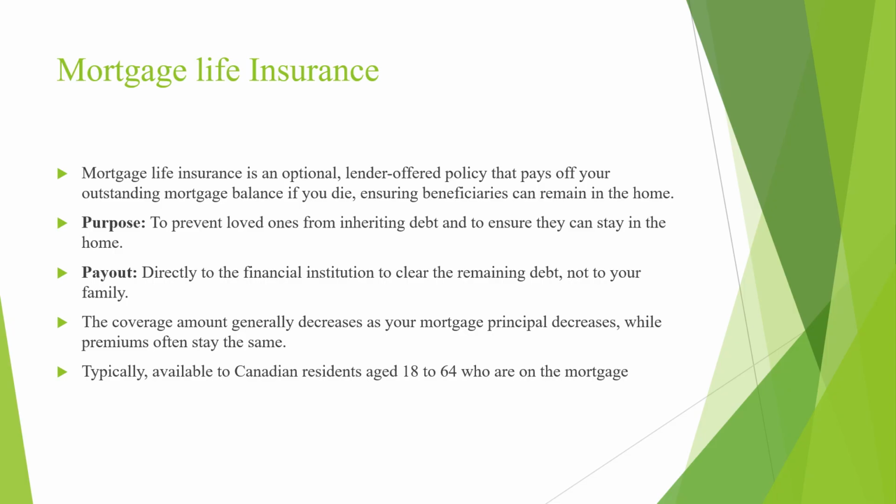Hypothetically, I don't know the exact amount, but let's say for $1 million you are paying $250 for your mortgage insurance. Now if after 5 years your mortgage amount is, let's say, 900,000 or 800,000, you are still paying $250, whereas in life insurance your coverage remains the same and your premium also remains the same.